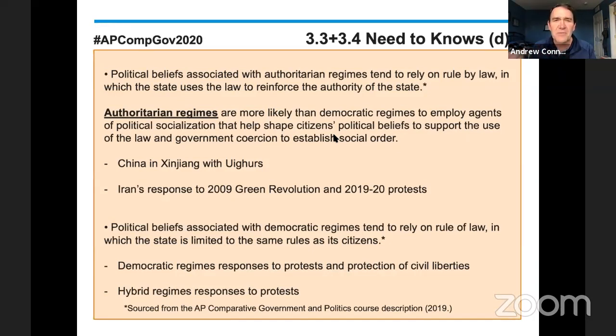And so some examples where you see the government using rule by law, and particularly in a more authoritarian way, to shape political beliefs.